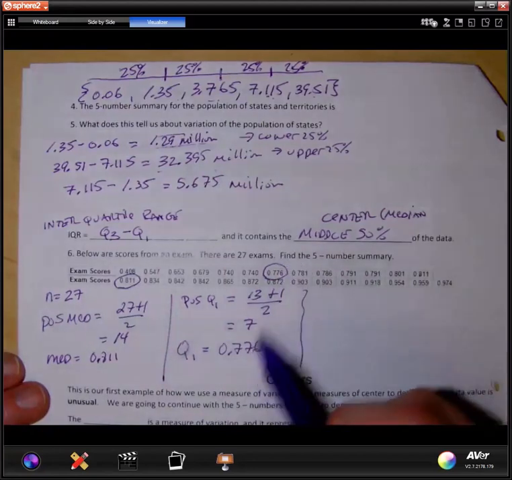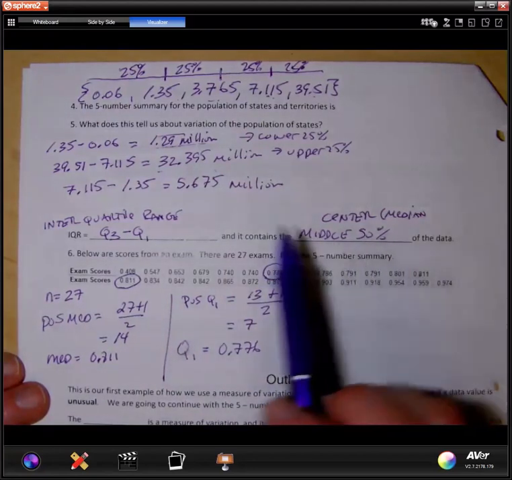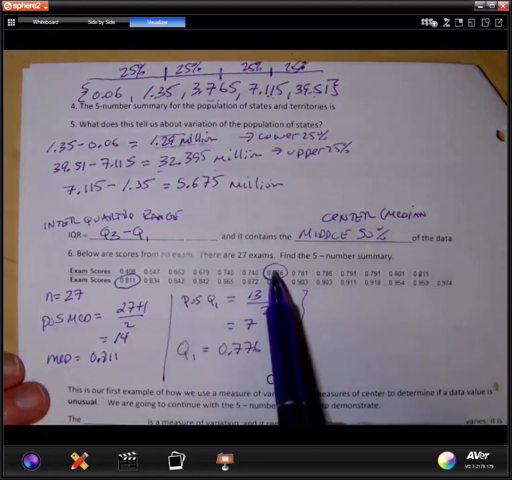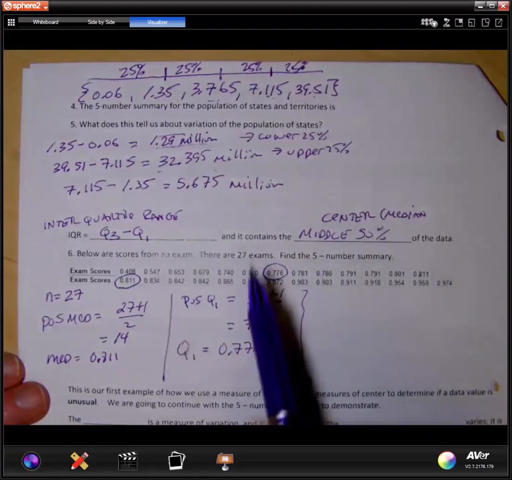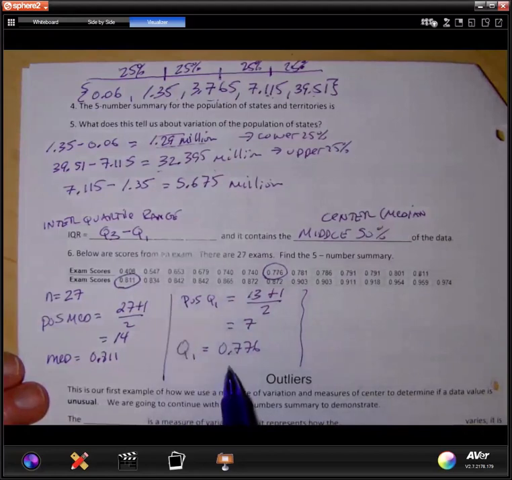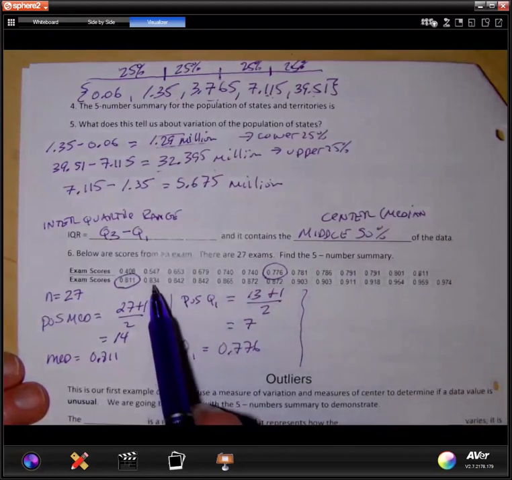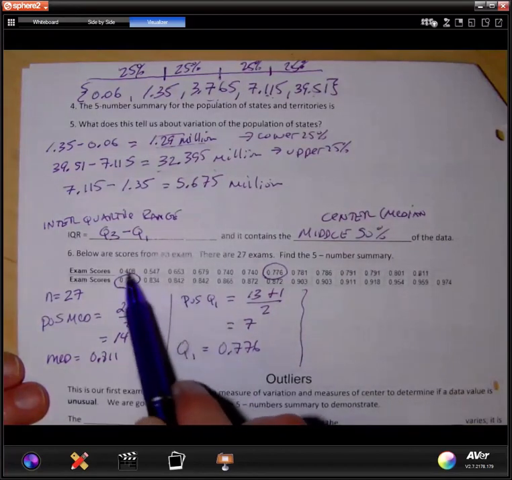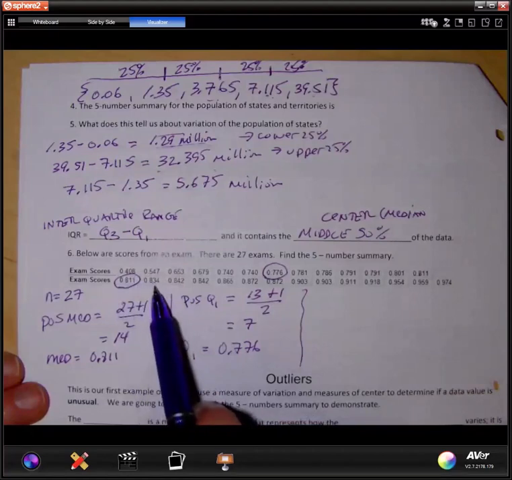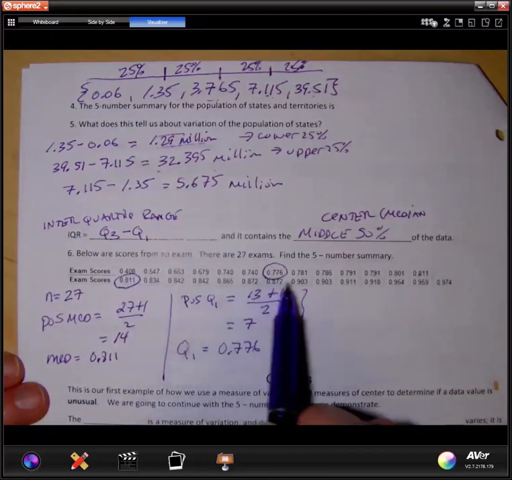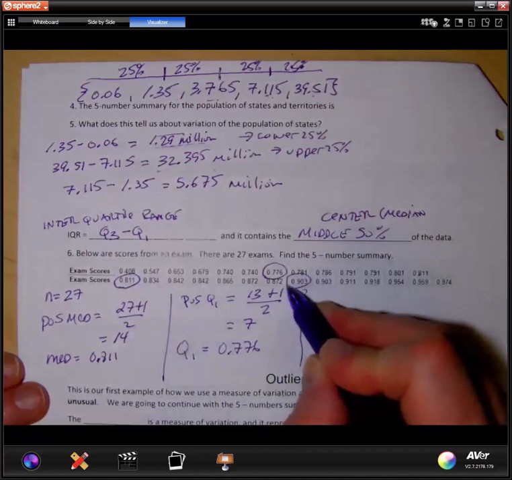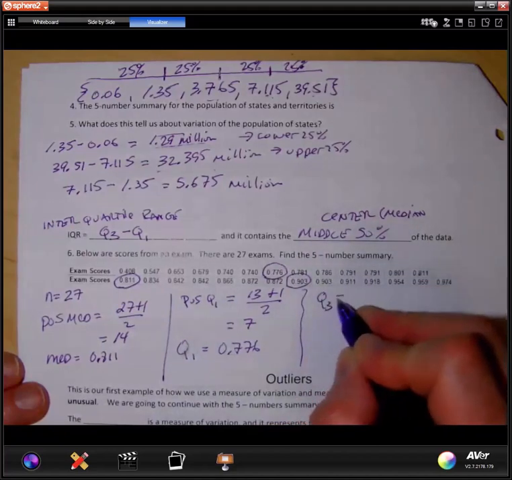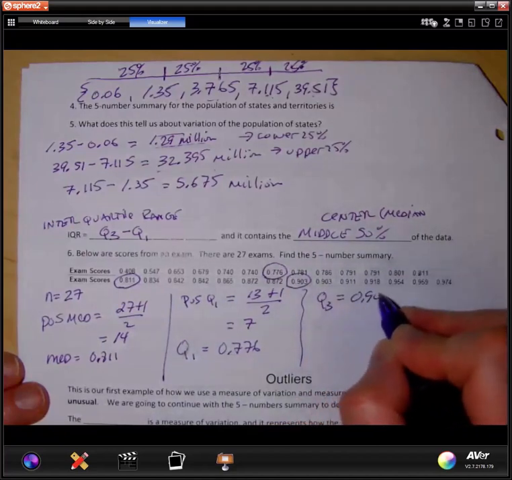I am using right now the algorithm that seems to be the most popular, which is find the median, and then find the median one more time. The median for the quartile 3 is also going to be in position 7. So 1, 2, notice I'm not counting this median. I'm starting here. 1, 2, 3, 4, 5, 6, 7. And that's quartile 3. Quartile 3 is 0.903.